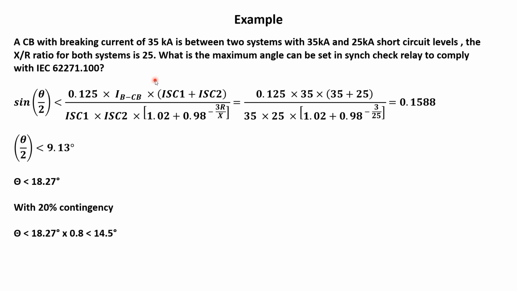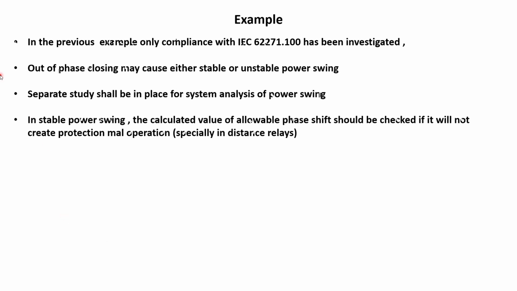It doesn't mean that if you put 14 degrees here, for example, everything is good. It's good for a circuit breaker to not have stress and not bring excessive overvoltage in the system for close-open operation. But you should keep in mind that out-of-phase closing may cause either a stable or unstable power swing.